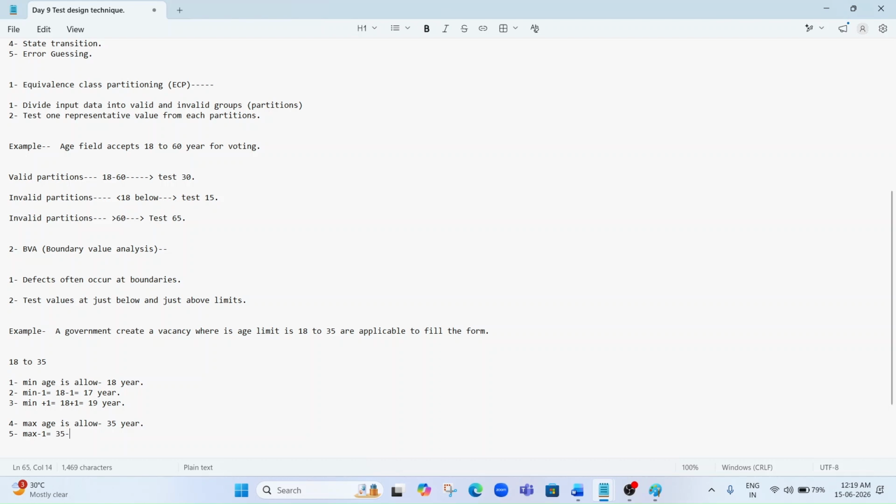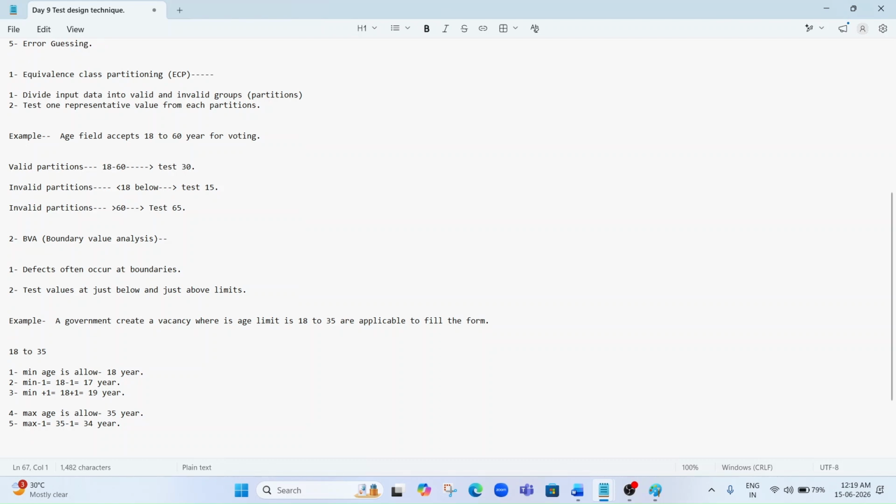So 35 minus 1, 34 years. Okay. The sixth condition is max plus 1, equal to 35 plus 1. So it's a 36-year-old that we will test.